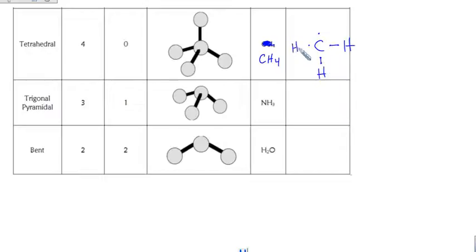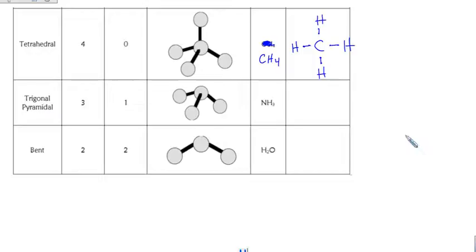1, 2, 3, and 4. There we go. Okay, so again, when we're doing this electron geometry, or what's the VSEPR shape, you usually want to draw the Lewis structure first. Then you're obsessed with the central atom. What's happening to the central atom?